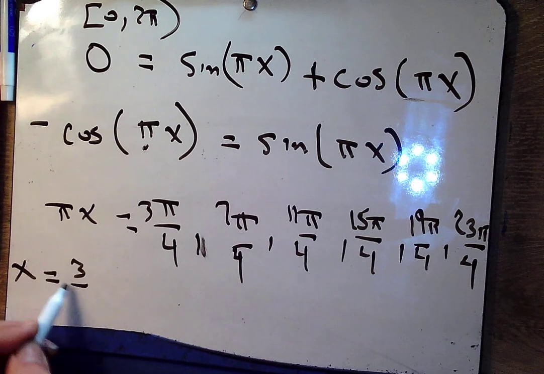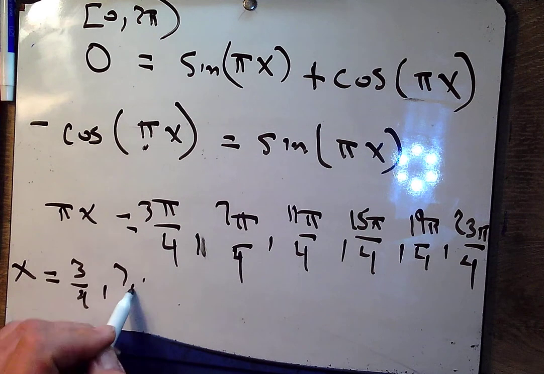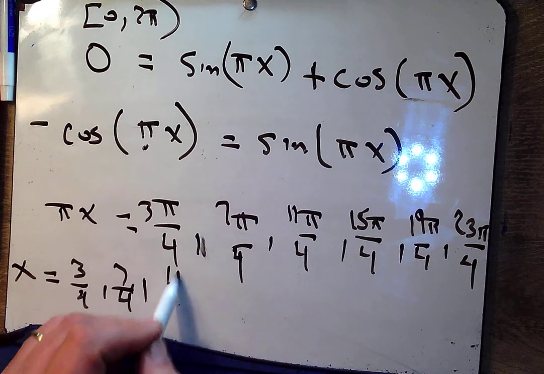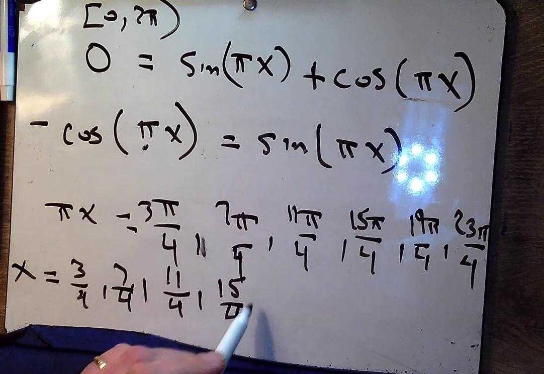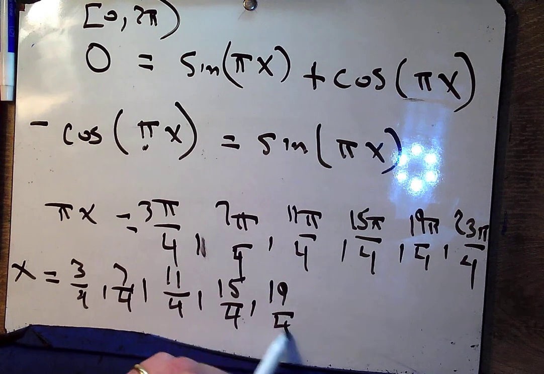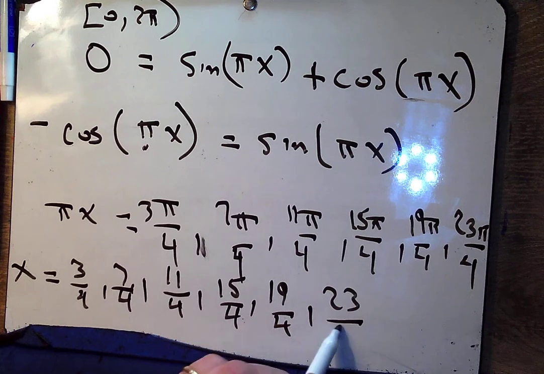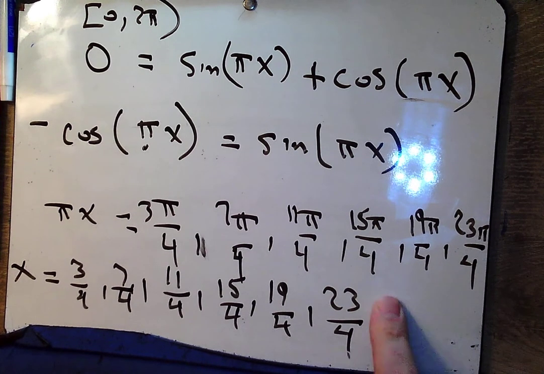So x equals 3/4, 7/4, 11/4, 15/4, 19/4, and 23/4. Well, the problem is that 0 to 2 pi is 6.28. Oh yeah, 24 over 4 would be 6. So those work. Wow. Yeah, could I do that?